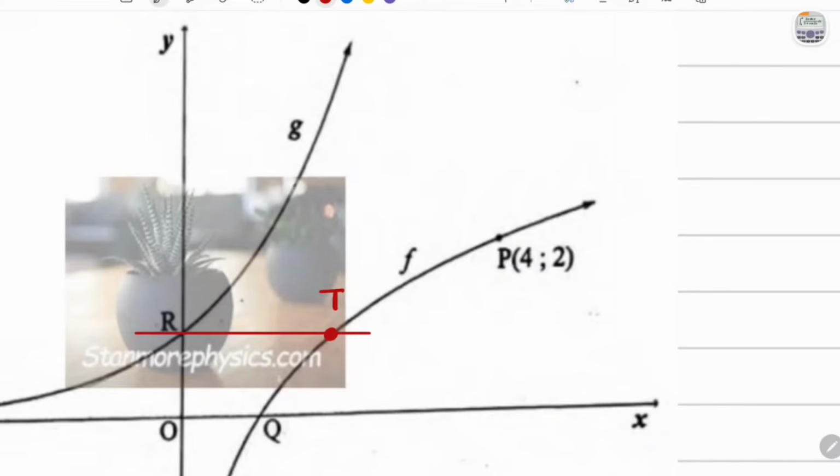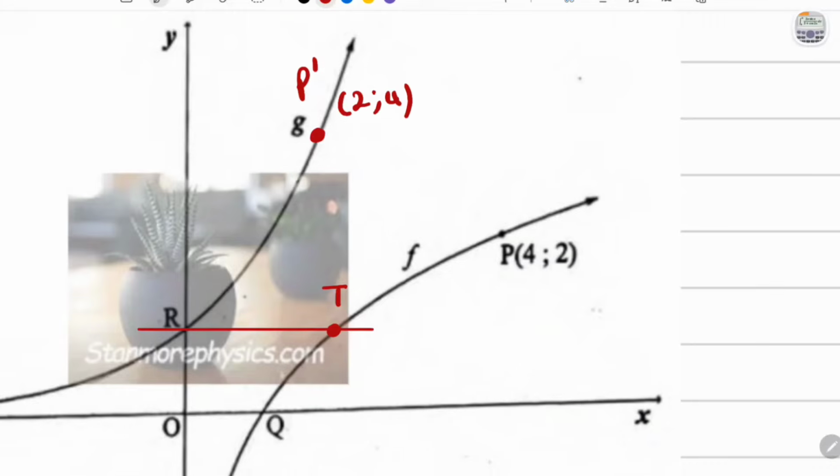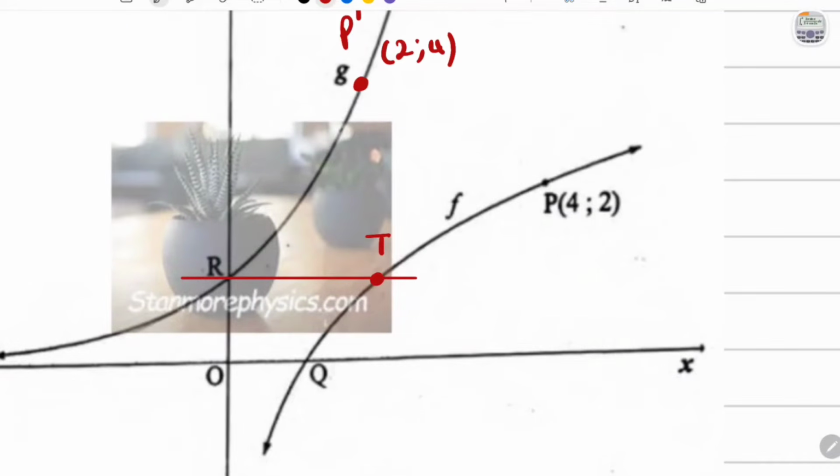Now, I could estimate where P prime is, I'll just put it here for now. The reason I'm thinking about it is because if I put it too close, it's going to change the shape of this triangle. And if I put it too far, it's also going to change the shape. So I'm just going to put it anywhere for now. P prime, let's just say that was here. And remember, it was just 2 and 4.